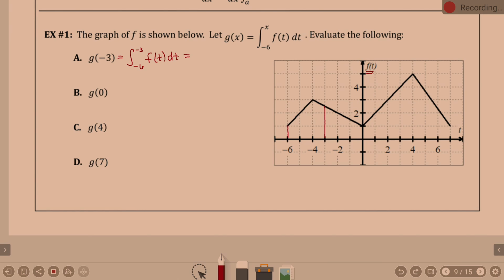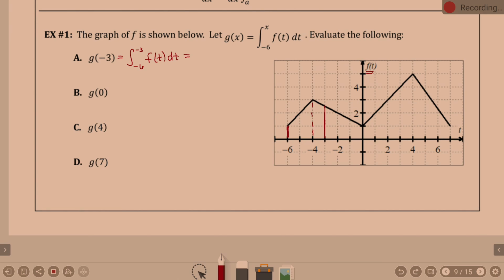Trapezoid. We could talk two trapezoids. I can't talk one trapezoid. Are you guys with me there? Yeah. Because I could talk a trapezoid from -6 to -4. Yeah.